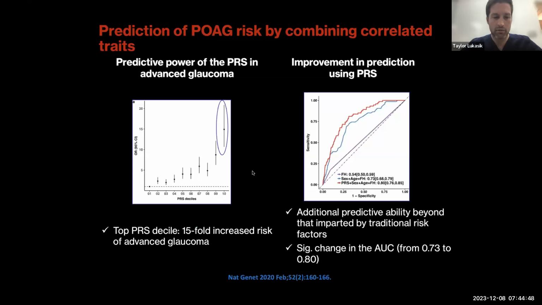The top decile of the PRS had a 15-fold increased risk of advanced glaucoma. There were also improvements in predicting progression to primary open-angle glaucoma above traditional risk factors such as sex, age, and family history. When you added the PRS, there was a significant change in area under the curve from 0.73 to 0.8.